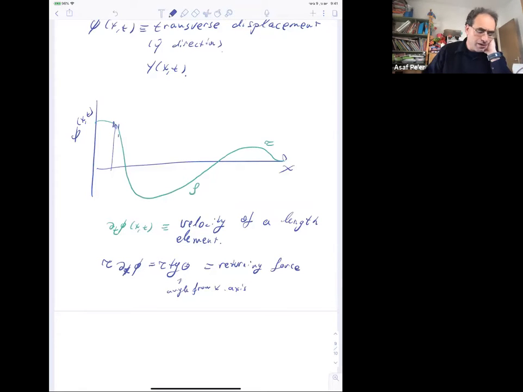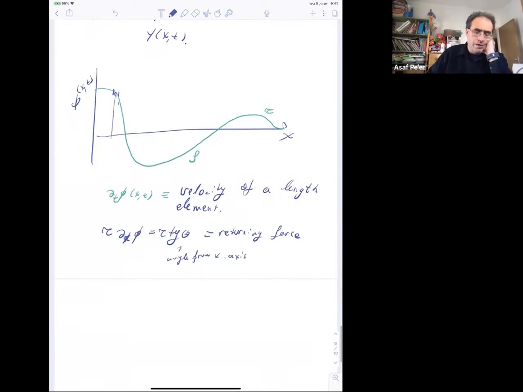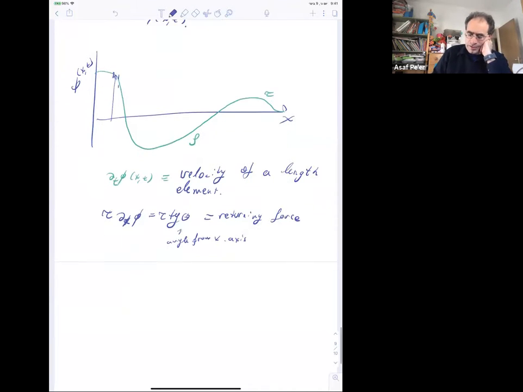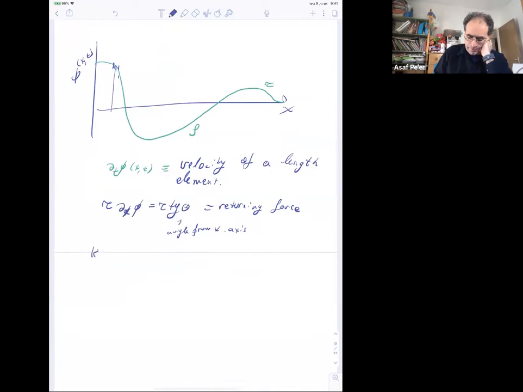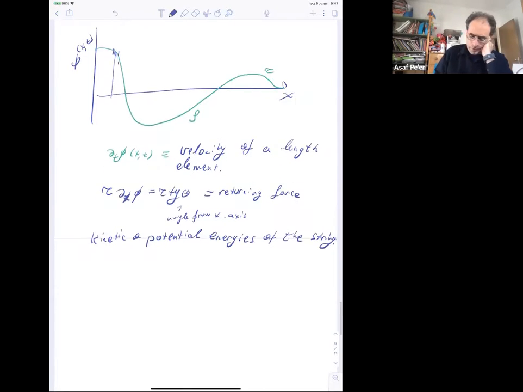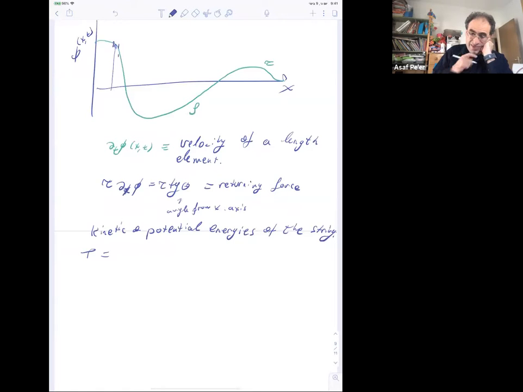So with these definitions, we can write down the kinetic and the potential energies of the string. So the kinetic energy of the string. What is the kinetic energy of the string?